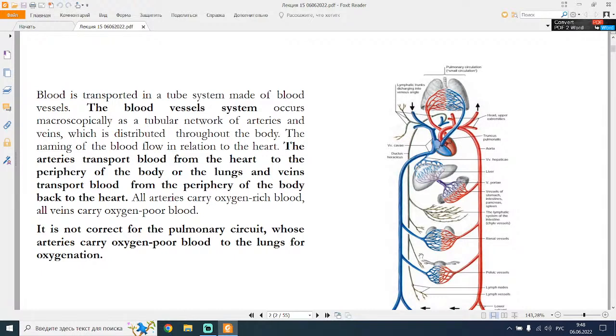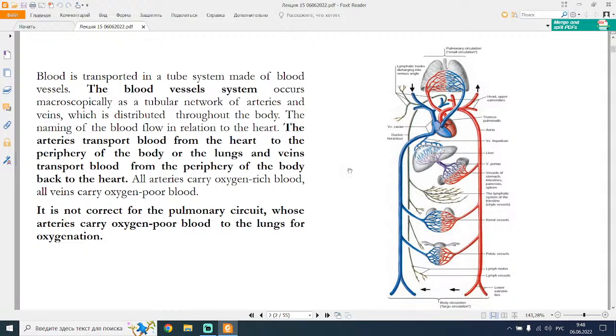You know that blood is transported in a tube system made of blood vessels. The blood vessel system occurs macroscopically as a tubular network of arteries and veins, which is distributed through the body. The naming of the blood vessels is in relation to the blood flow to the heart.